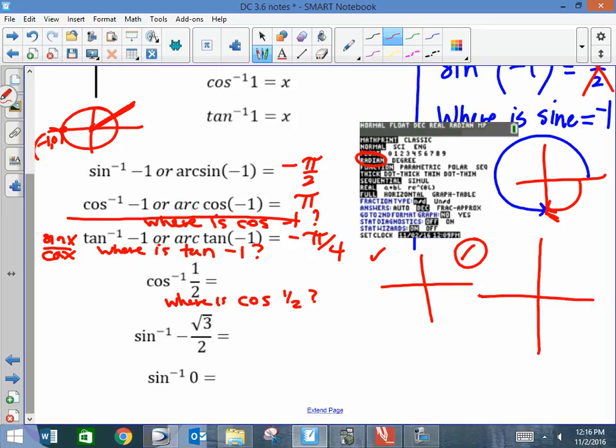You are remembering, boom, boom, boom, all these guys. 1, 2, 3, divide by 2, divide by 2, divide by 2, take the radical. Okay? And then do the other side. Start up and go on up to 1, 2, 3. Okay. So where is the cosine 1/2? Right here. Pi over 3.